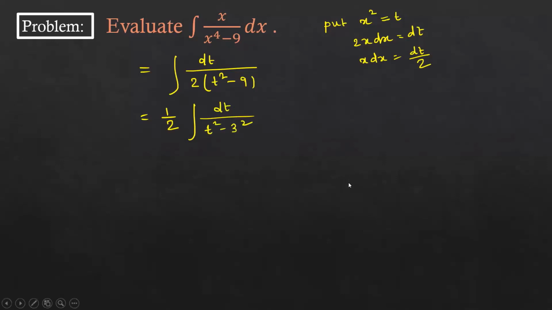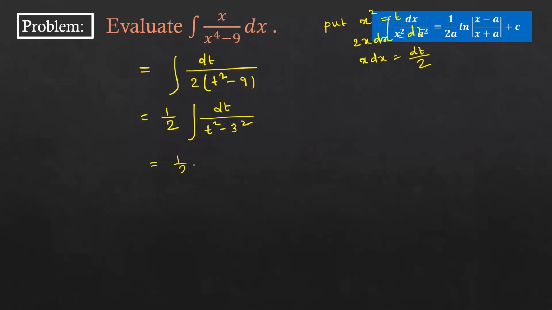Okay. So now you can use this formula. That means 1 by 2 into, again you have 1 by 2a, that means 2 into 3, into ln of t minus a, that means 3, by t plus 3, plus c.